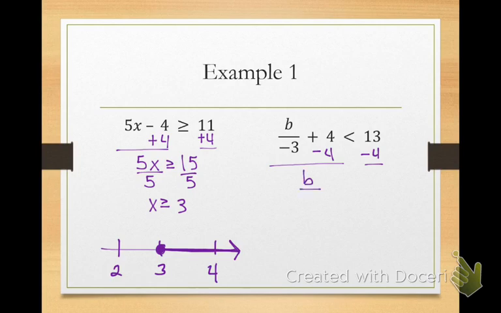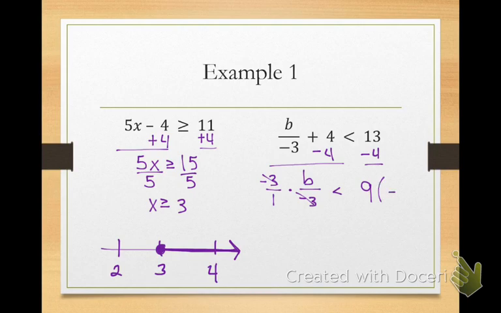B over negative 3 is less than 9. What would I do next, Caleb? Very good. Which would be what? Yes, multiply negative 3 over 1, both sides.